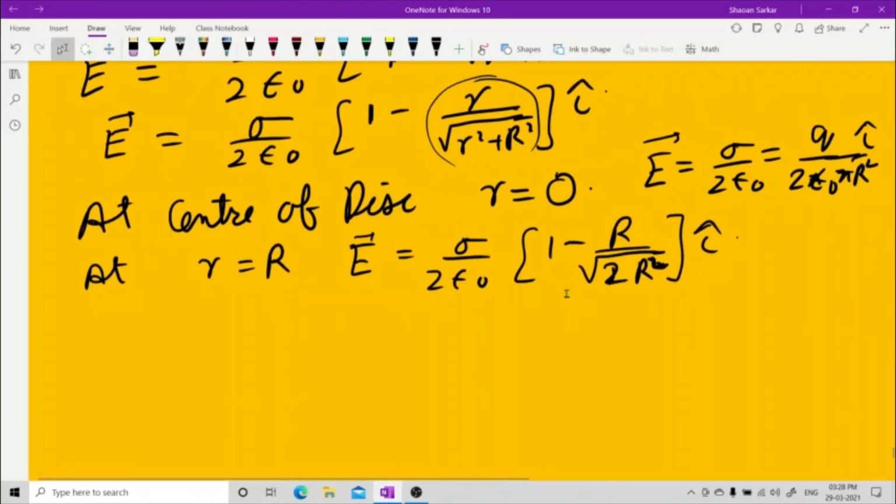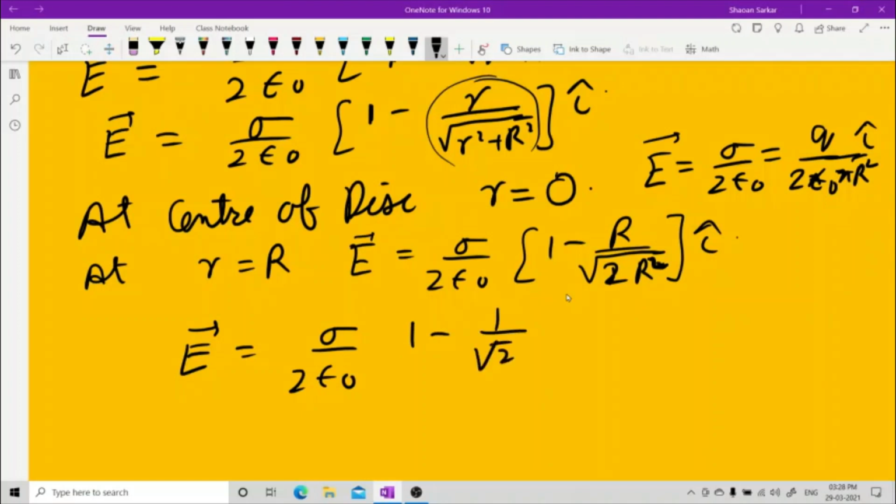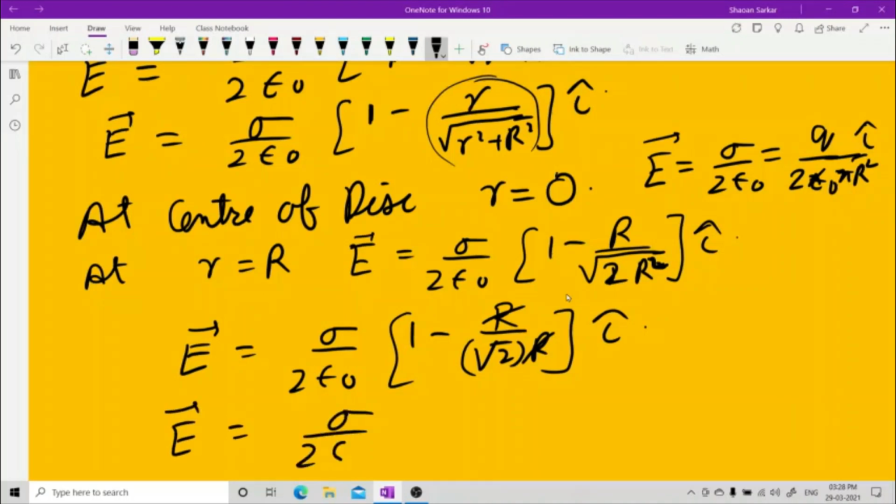E will become sigma upon 2 epsilon naught, 1 minus 1 by under root 2. There will be an R here, and this R will come. These two R's will cancel out each other. So E will become sigma upon 2 epsilon naught, 1 minus 1 by under root 2, that is i. This will be the value at r equal to R.